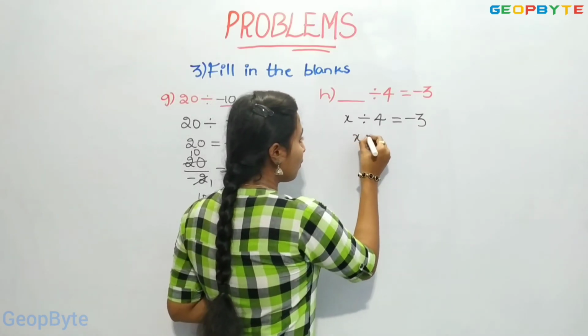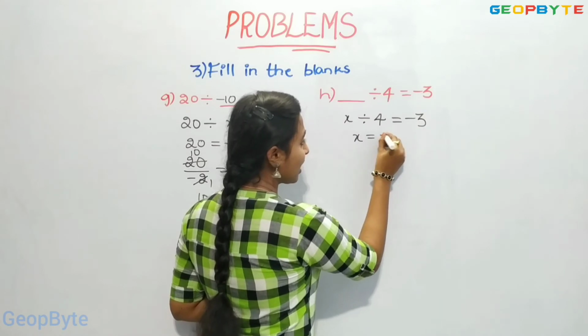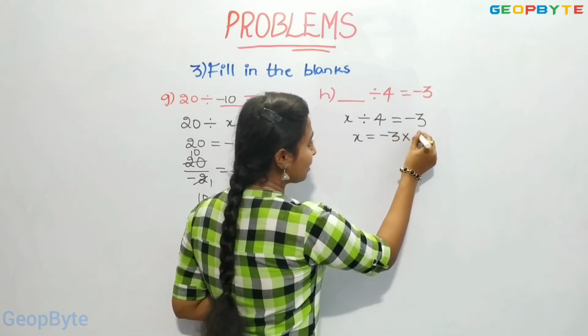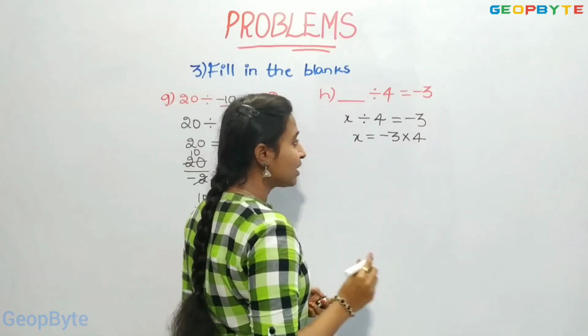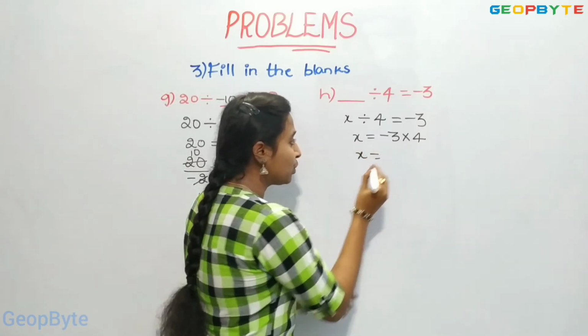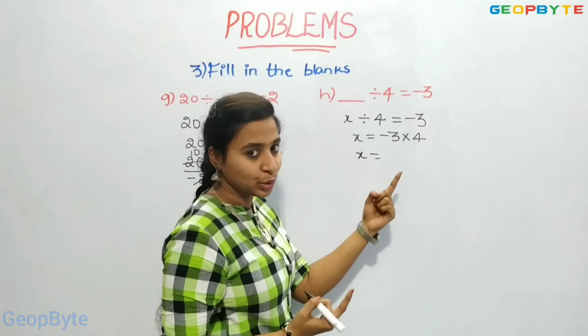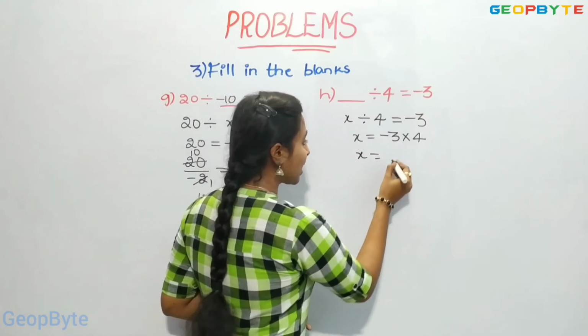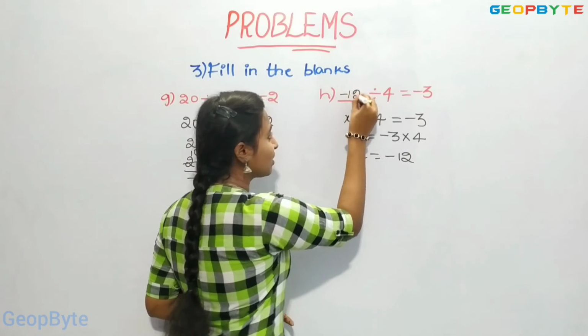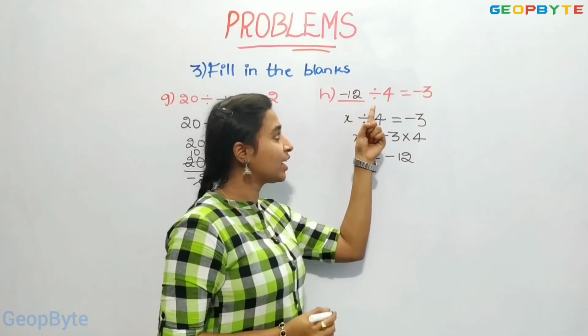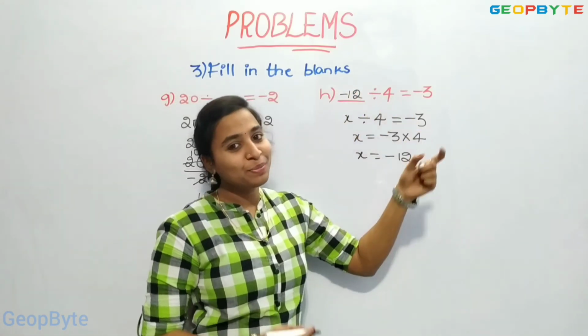So, when it goes to the right hand side, it gets multiplied with the number minus 3. Right? Now x is equal to 4 3s are 12. We have minus sign, that is minus 12. Let us write. Minus 12 divided by 4 is equal to minus 3.